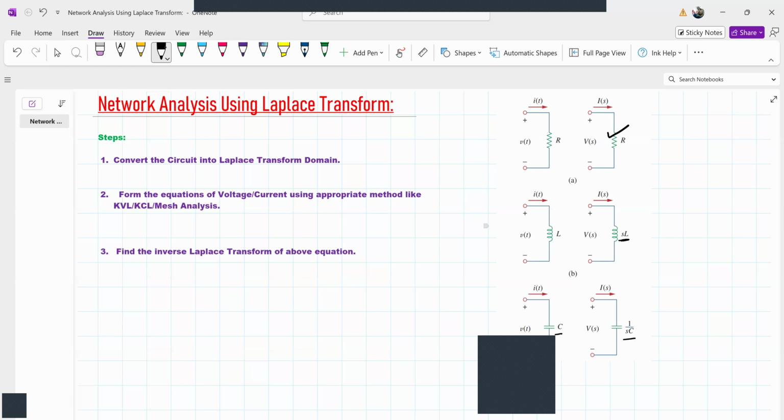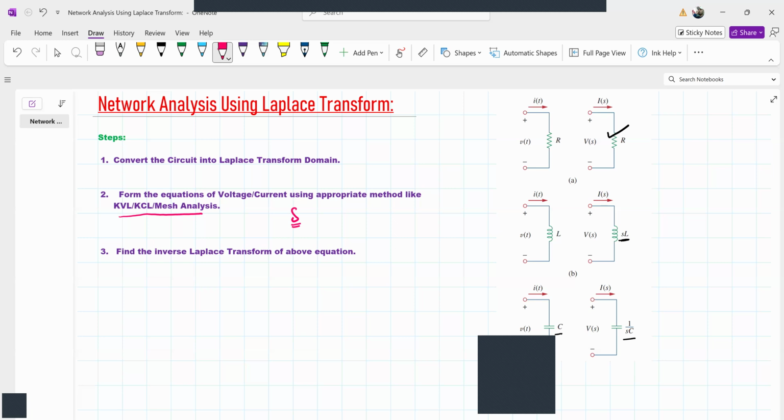We form the equation using appropriate circuit analysis techniques like KVL, KCL, mesh analysis, node analysis, or other techniques we have learned in DC circuits. Now remember, this equation will be in terms of the Laplace transform variable S. So we write the equation of that current or voltage in terms of S. That is the second step.